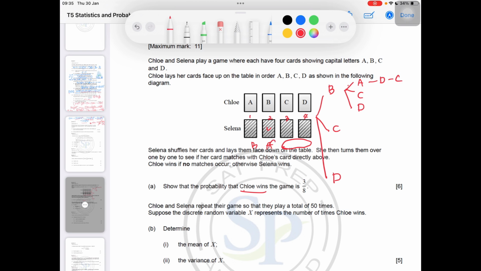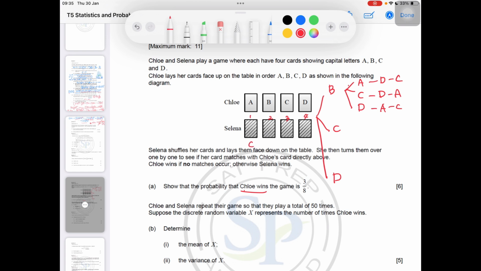And if we use B and C here, now we have A and D. So we cannot put A and D because in that case D matches. So we need to make D and A. So if we have B and D here, now we have A and C. So we need to make A and C. We cannot make C and A. So this is the case of Chloe winning if we have the first card B.